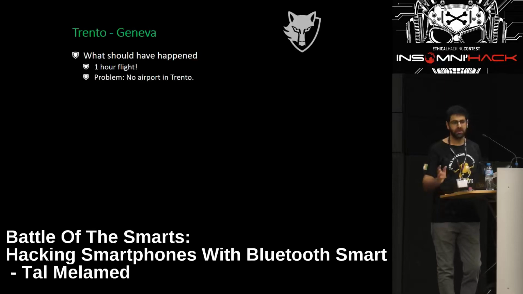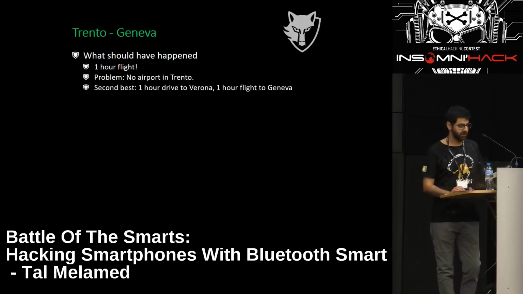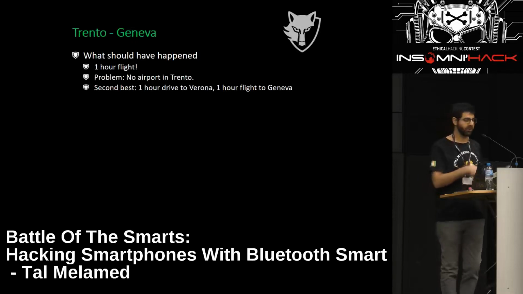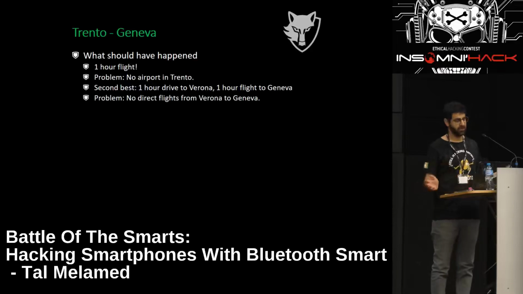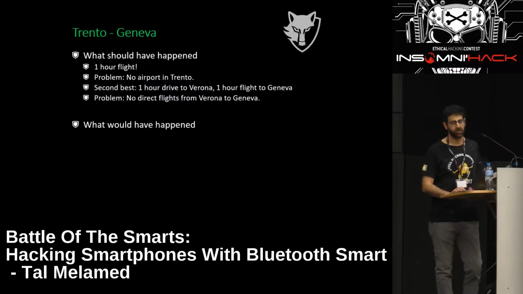So I thought about, okay, the next best solution would be to drive to Verona, which is 1 hour away from Trento, and then a 1 hour flight to Geneva. But no direct flights from Verona to Geneva. Okay, what would be the second best, or the real possibilities?